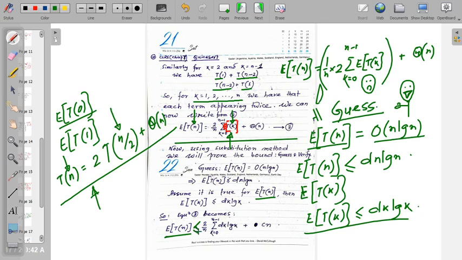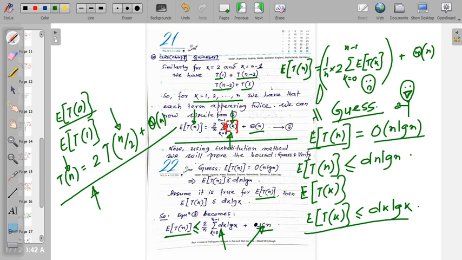Less equal to 2 by n summation k equals 0 to n minus 1 dk log k. And this theta n, I am representing by its upper bound Cn. We have got a constant d over here, so we have to take another constant here, Cn.